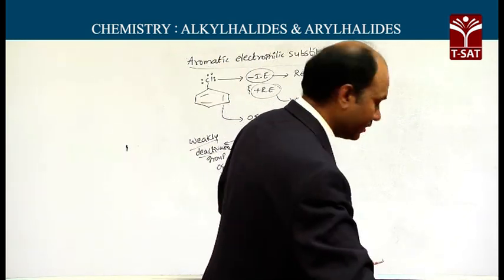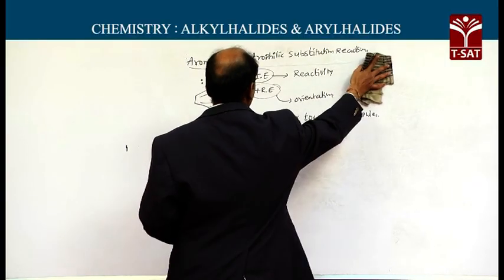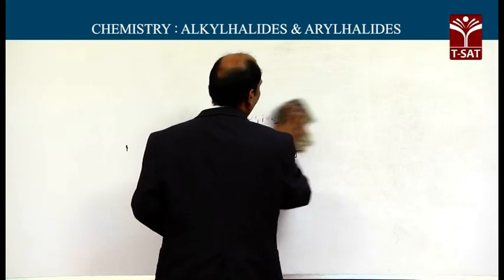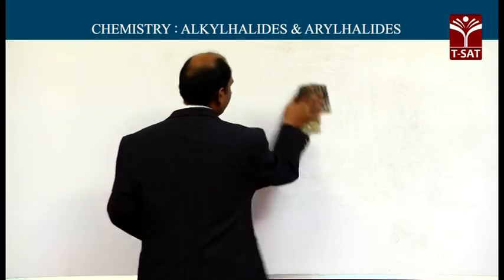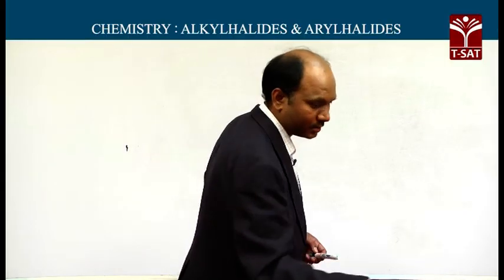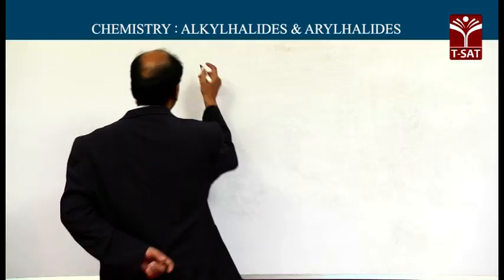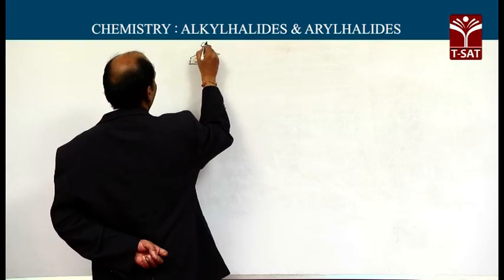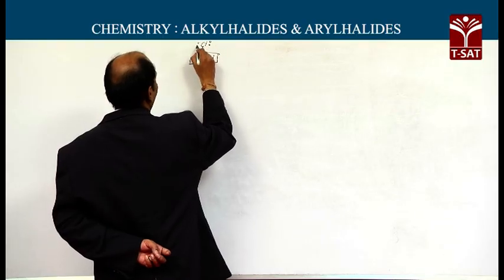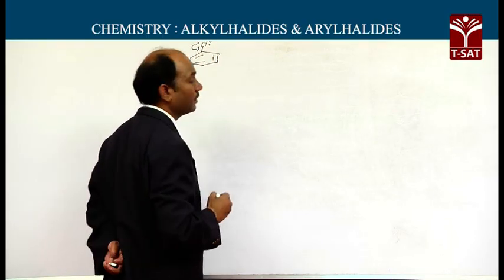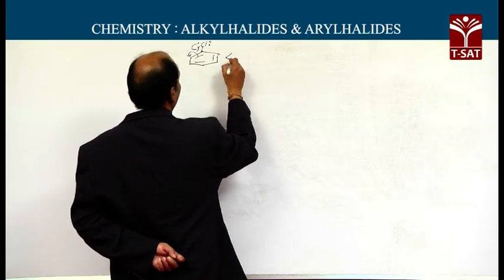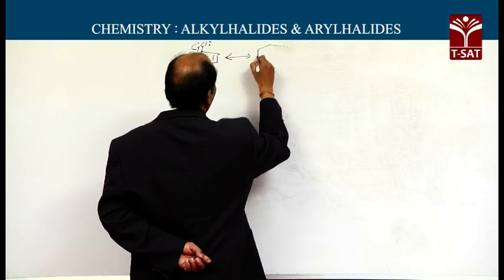Now let us discuss the aromatic electrophilic substitution reactions of chlorobenzene. First of all, let us write the resonating structures of chlorobenzene. This is chlorobenzene; chlorine is having a lone pair. Here the electron pair is migrated towards carbon, and this is the plus resonance effect.